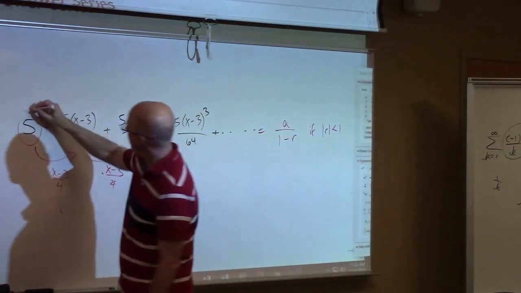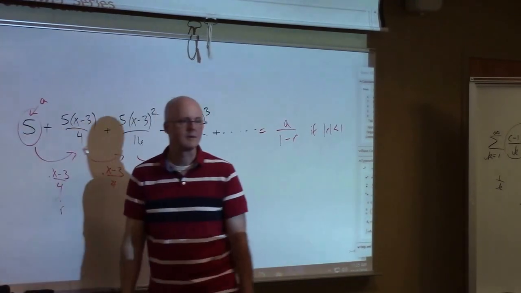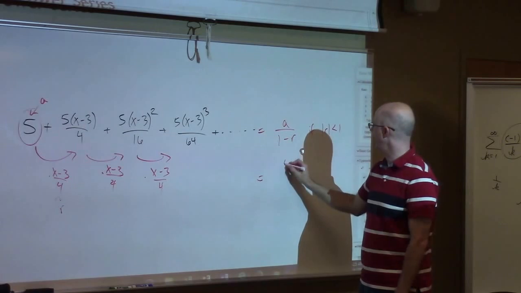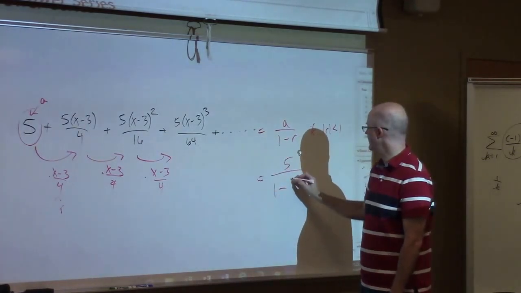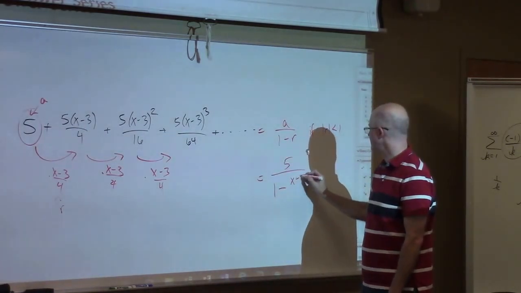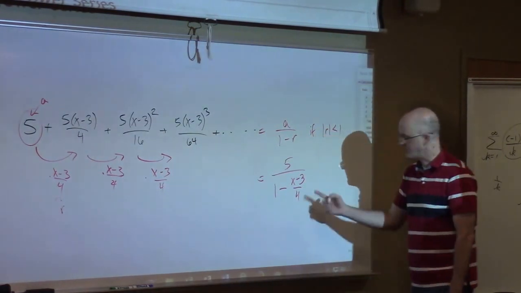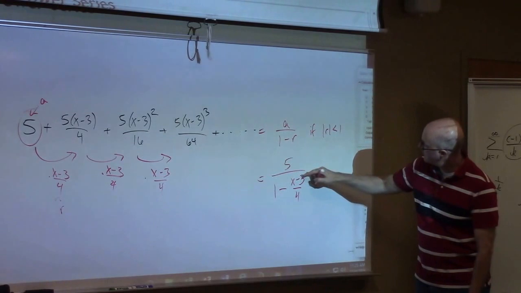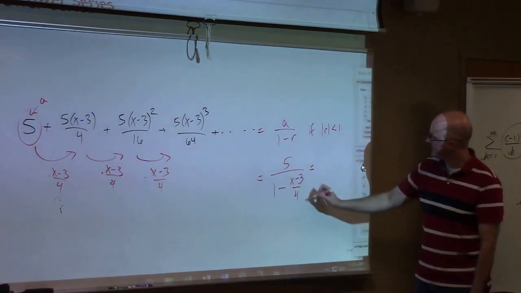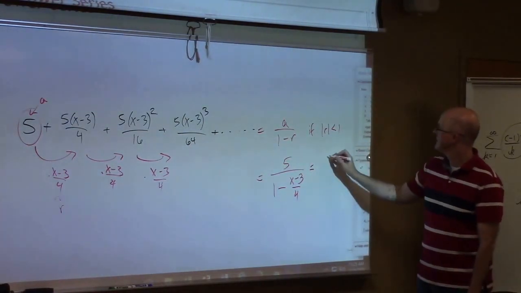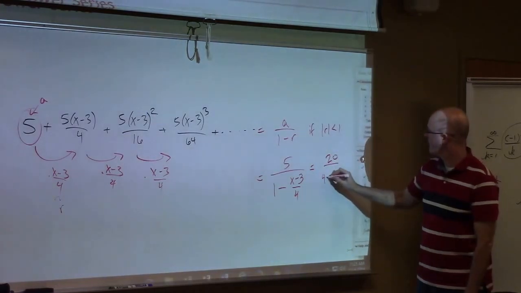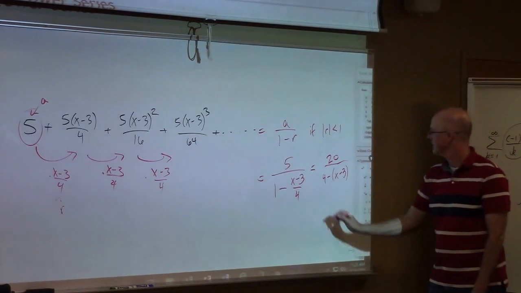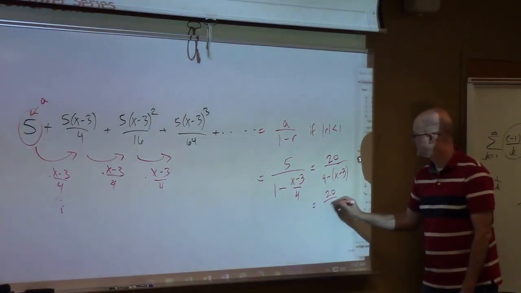This thing here is the a; a represents the first term. So what will that equal here? a is 5, r is (x minus 3) over 4. That's what it converges to. This can be simplified a bit. We can multiply the top and the bottom by 4 to get rid of the 4 there, and get 20 over 4 minus, careful with parentheses, (x minus 3). That's the same as 20 over 7 minus x.